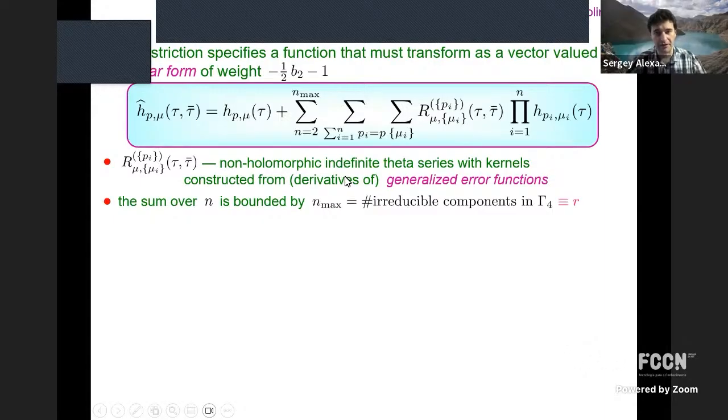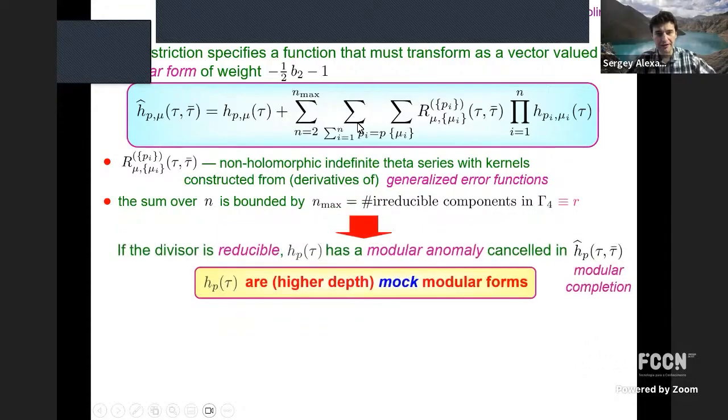But if it is reducible, then there is this term, which is non-trivial, and we see that our function must have a modular anomaly, which is cancelled by this additional term. And the function which is modular, this h hat, is called the modular completion.